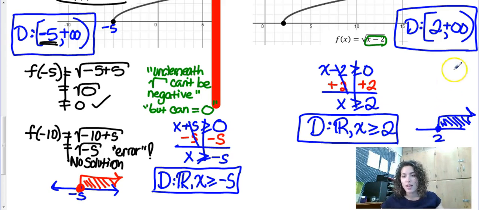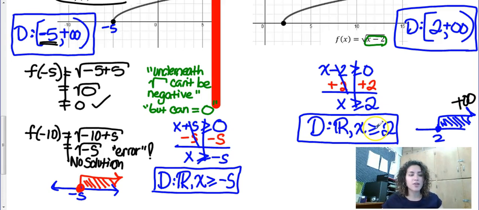Because it's 2 as the starting point, and then to the right, forever and ever. Sorry, on the camera it's backwards, but towards positive infinity is this direction. So what I get from the graph and what I get algebraically are exactly the same answer, which is really exciting because we're not always going to have access to the graph.